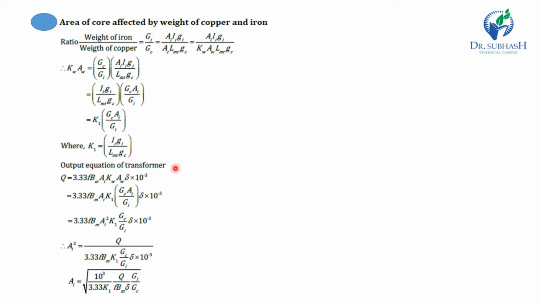Now our output equation of the transformer is Q equal to 3.33 f Bm Ai Kw Aw delta into 10 to the power minus 3. Putting the value of Kw Aw here, we get the equation 3.33 f Bm Ai square K1 Gc by Gi delta into 10 to the power minus 3. We have to find the area of core with the weight of copper and iron.